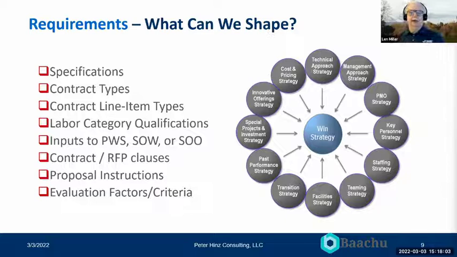So you really have to have a lot of people looking at that, sometimes highly technical folks as well. So really you have to look at that plan overall and gear that toward what the customer is looking for, what the competition might be after, and what you want to do.